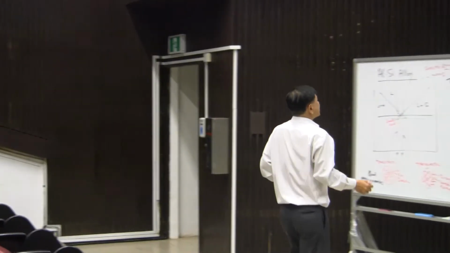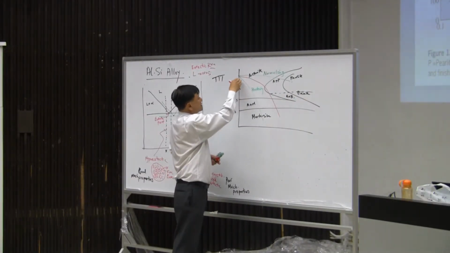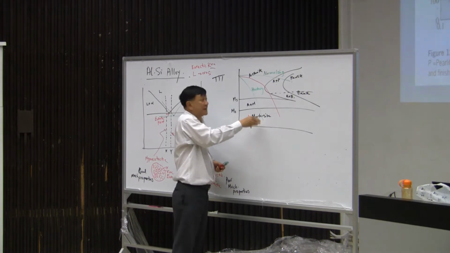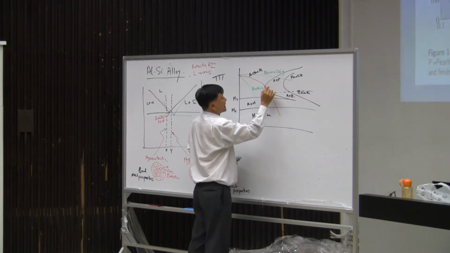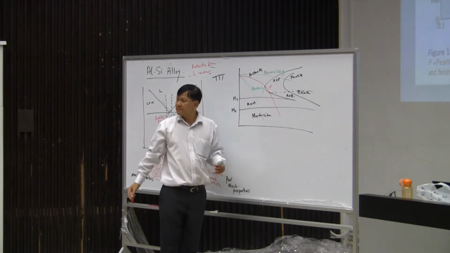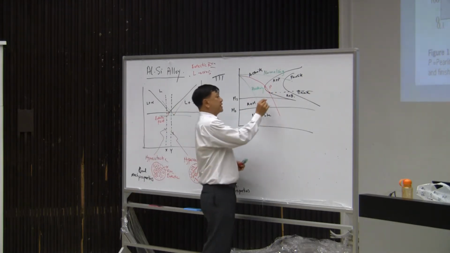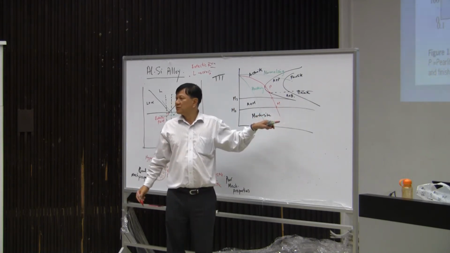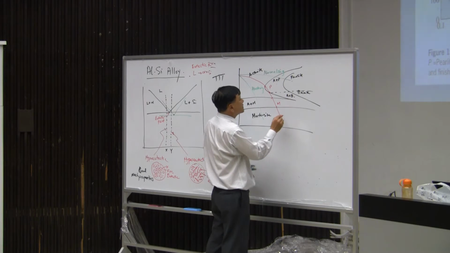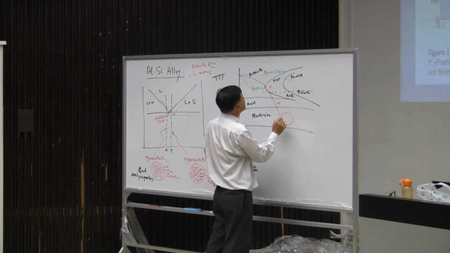So, if let's say your cooling rate instead of like this, okay, is like this. So, can you see from here to here you'll be getting somewhat pearlite. Okay, from here to here you are getting what? Martensite. So, for this cooling rate, I will be getting what?